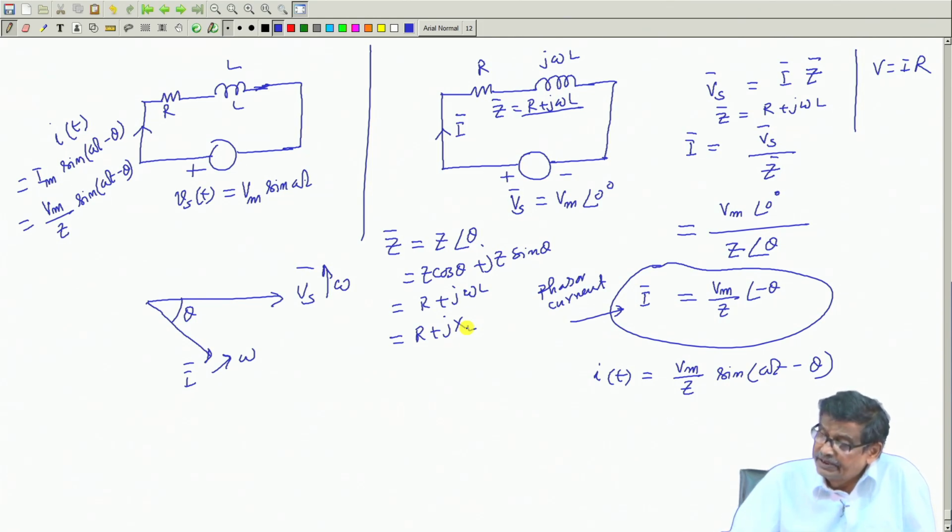So, this is a very important and crucial step. That is, here is another alternative way of getting the solution due to the forcing function.